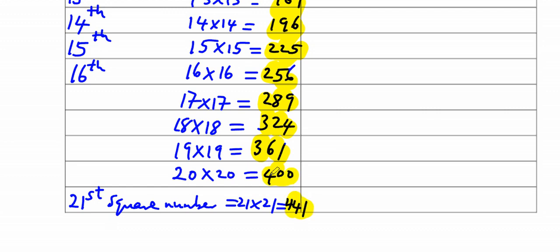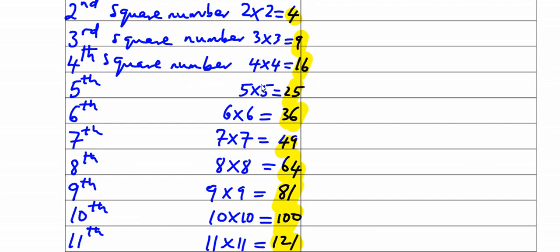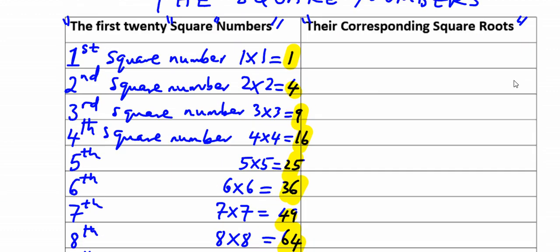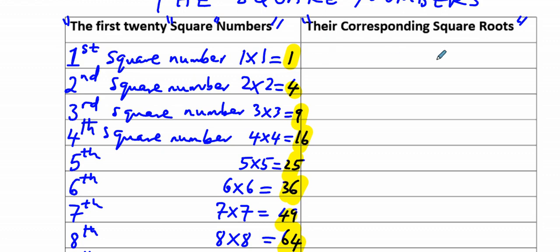So all those highlighted over there are the square numbers. Okay, now let us see what are their corresponding square roots.